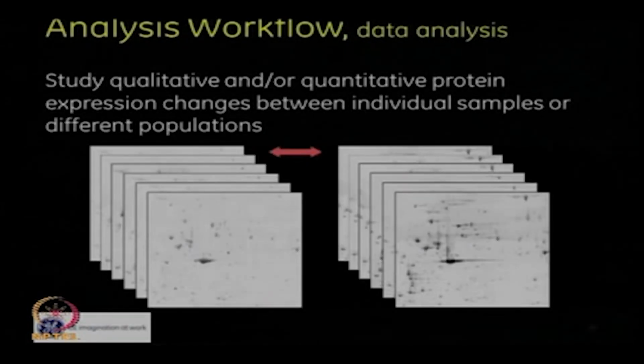These are the analysis workflow steps, the complete data analysis. Once you get the complete data, you can see the fold regulations as well as the statistical parameters, compare all the parameters, and select your protein of interest. This is what we can finally do.